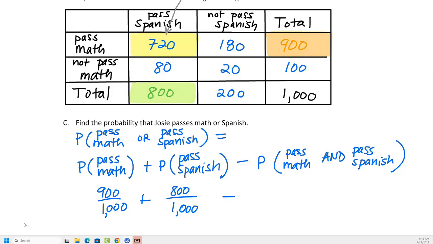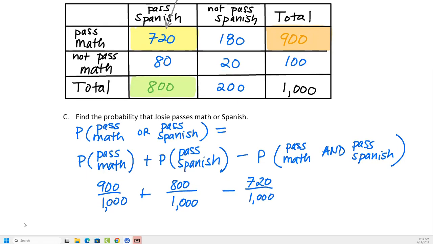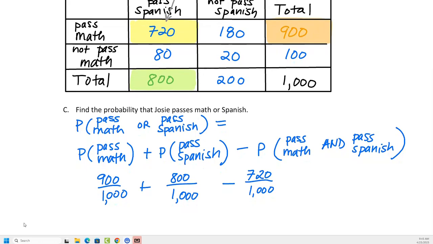Well, pass math and Spanish, isn't that the 720 thousandths? So I'm going to take where they overlap, and it's counted twice in the other two, so I'll get rid of one of them.